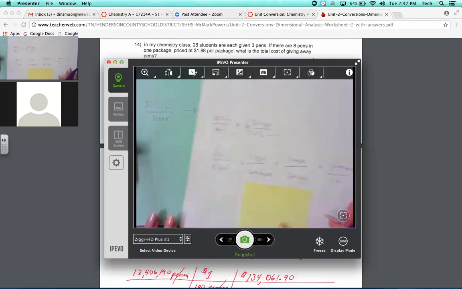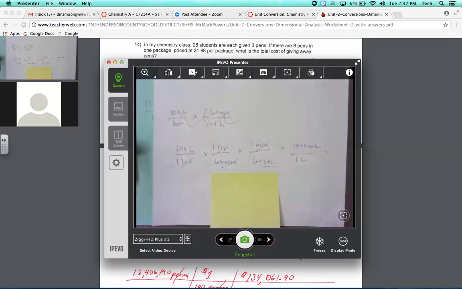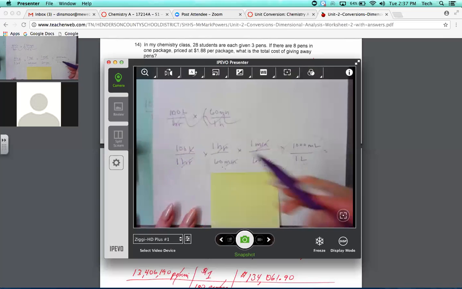And now I need to get to that milliliters. So I already knew this one here from before, but 1 liter is equal to 1,000 milliliters. My liters cross out, and I'm left with milliliters per second.